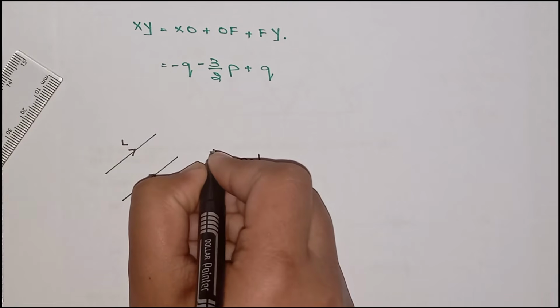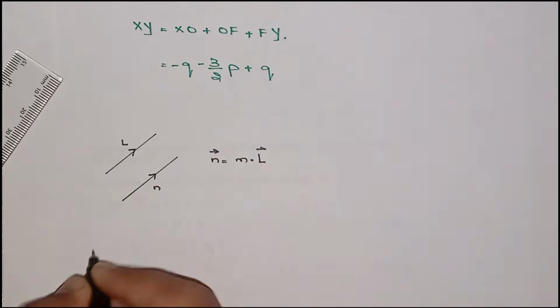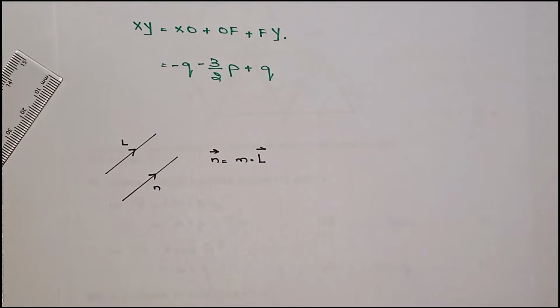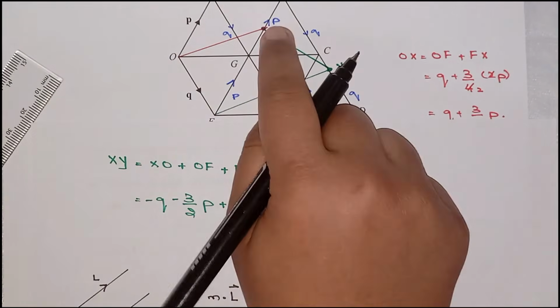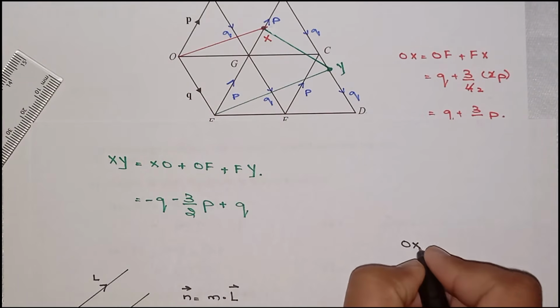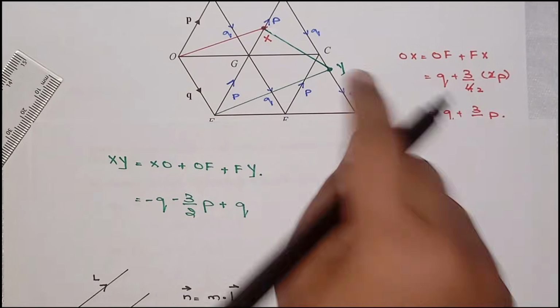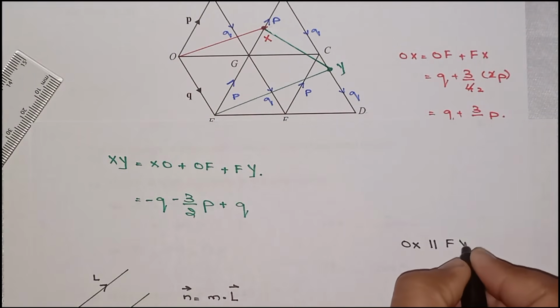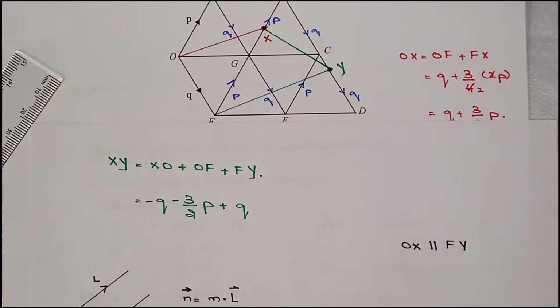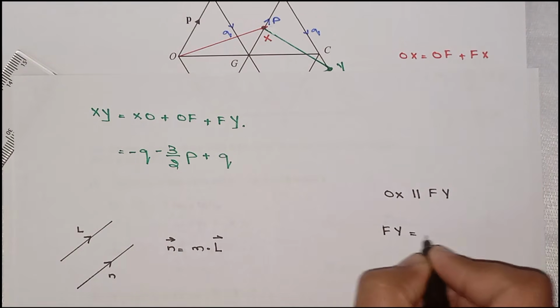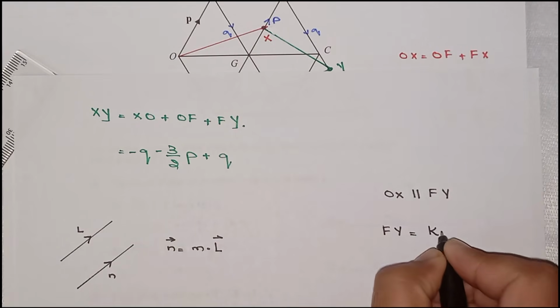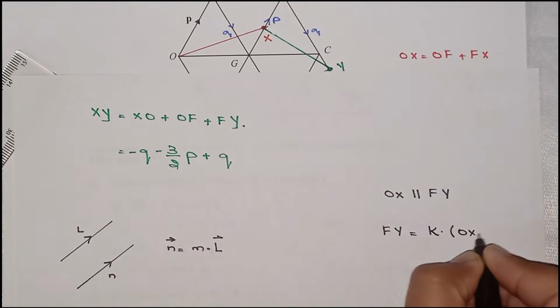In our case, we know that OX is parallel to FY, so FY must be equal to some constant K times OX, right?